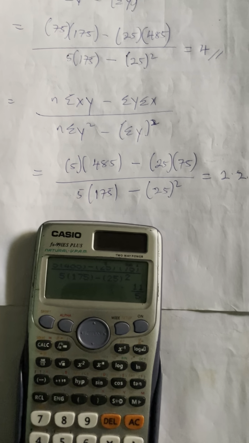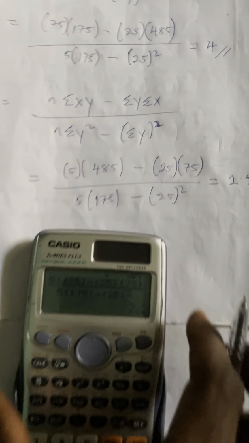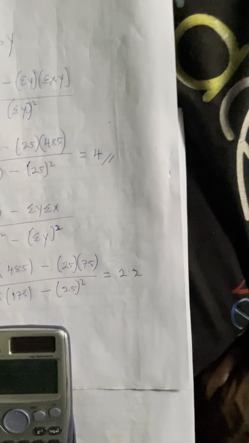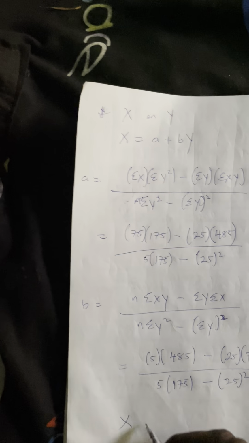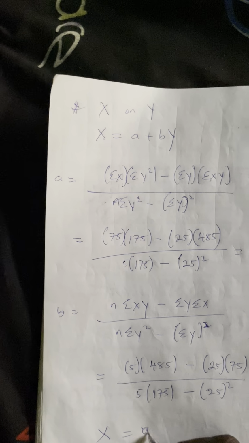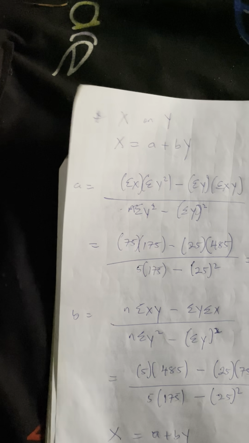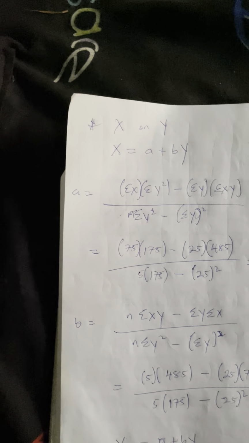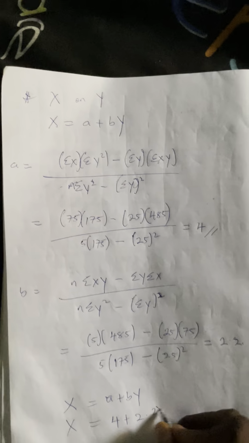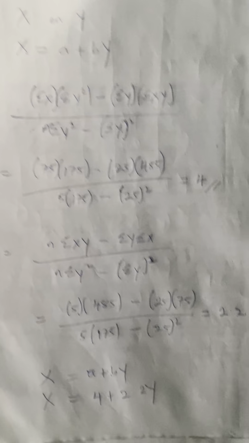And the final answer, this one is 2.2. Yes, 2.2. We have a to be 4 and b to be 2.2. So the final answer, x is equals to a plus by, so x will now be 4 plus 2.2y. So this is the final answer.